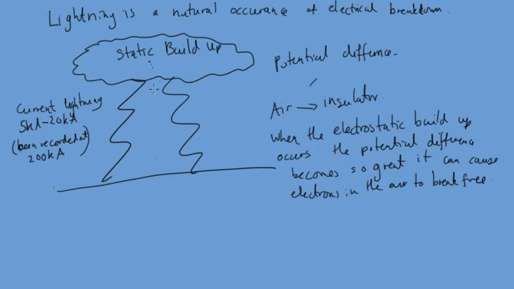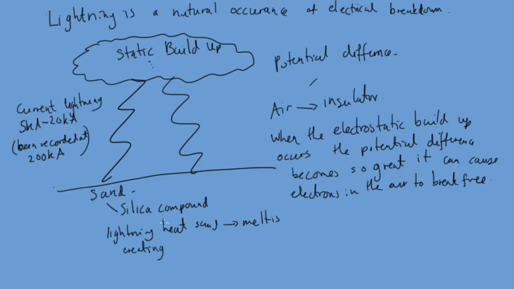Now, this can lead to some really interesting effects. So let's say this is sand. This is not just the ground. This is sand. Sand is a silica. And lightning can heat the sand and melt it, creating really interesting things called fulgurites.